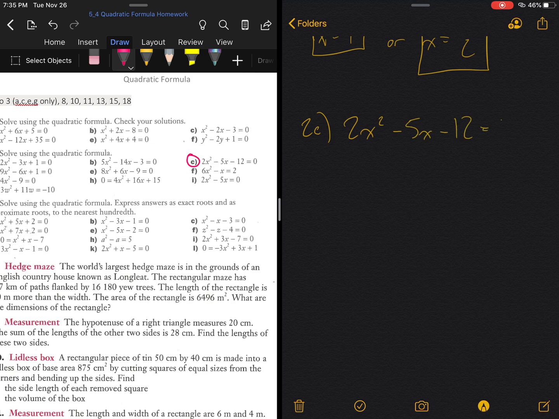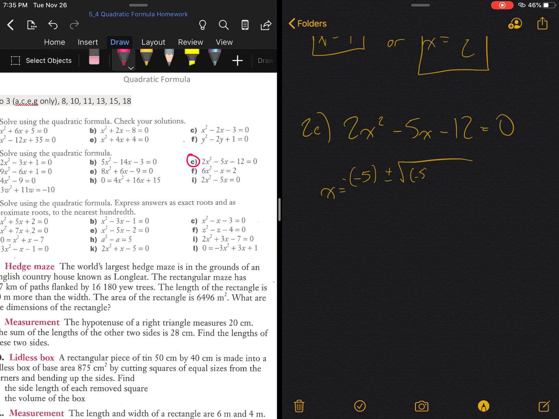And we have 2C right here: 2x squared minus 5x minus 12 equals 0. So, once again, the quadratic formula, it's just practice.